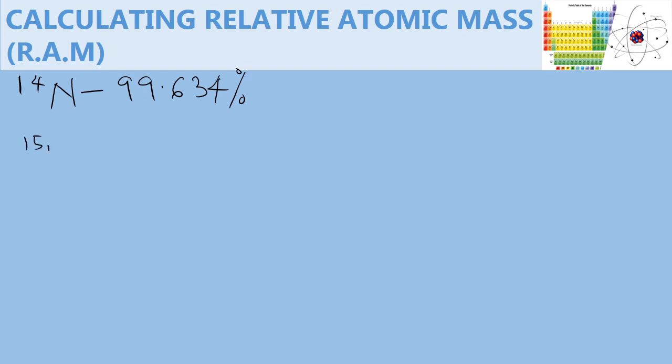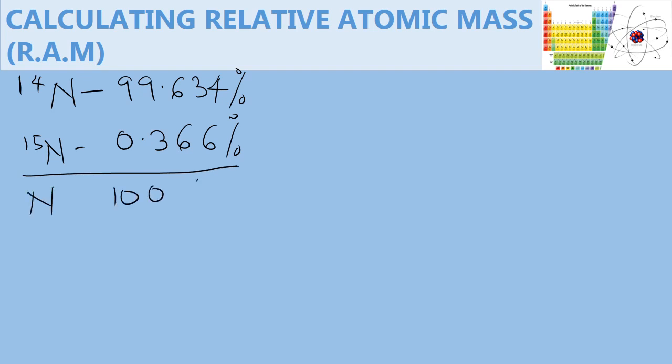Nitrogen 15, on the other hand, covers only 0.366%. So all nitrogen covers a total of 100%.